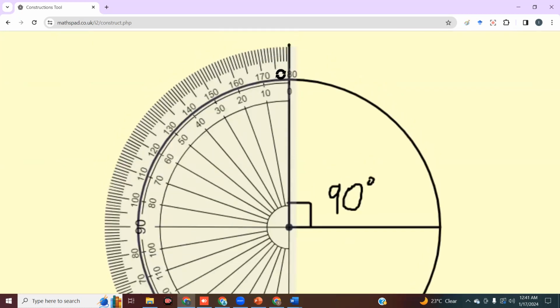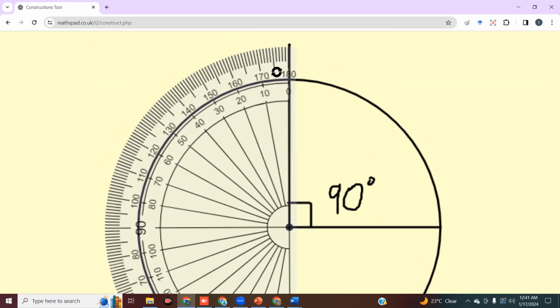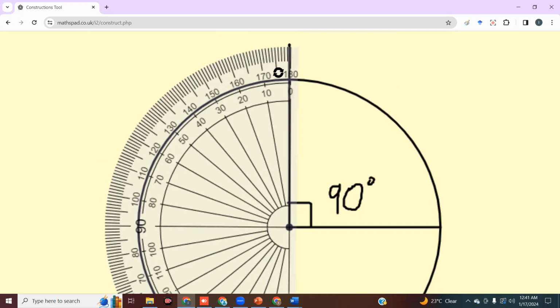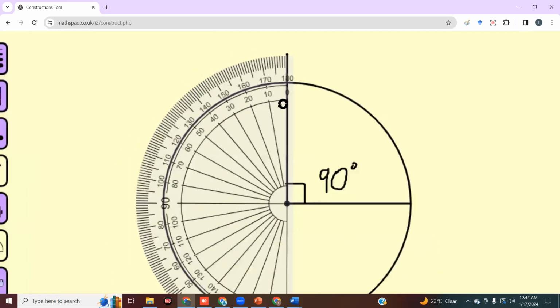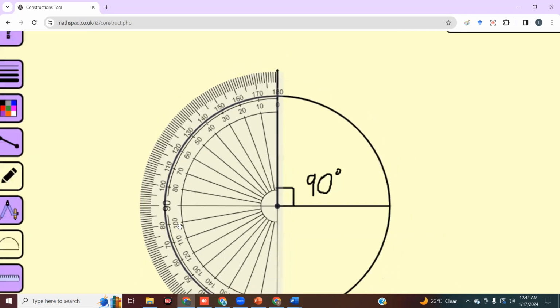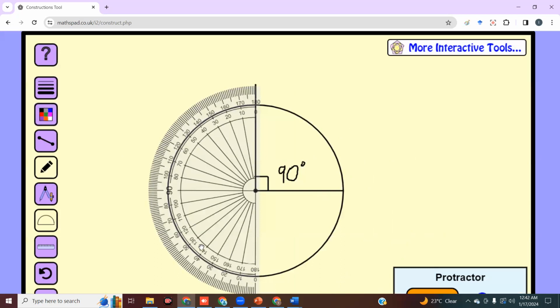Okay, good. So we start at 0, we want 150, right? So we're going to go 0, 10, 20, 30, 40, 50, 60, 70, 80, 90, 100, 110, 130, 140, 150. So your 150 is going to be right over here.